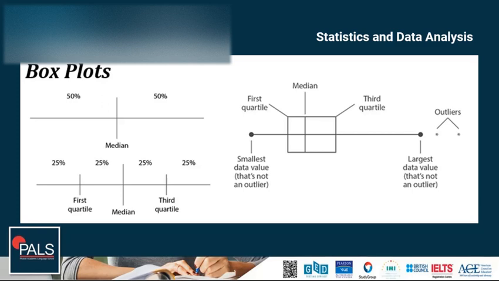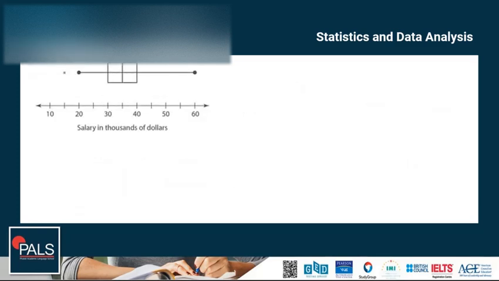Now, as with bar charts, you may see some box plots drawn horizontally. Either way, the basic structure remains the same. As you answer questions about any box plot, remember that it is presenting the data in order, broken up into fourths or quarters. Now, the box plot on the screen shows the salaries in thousands of dollars for full-time employees at a printing company.